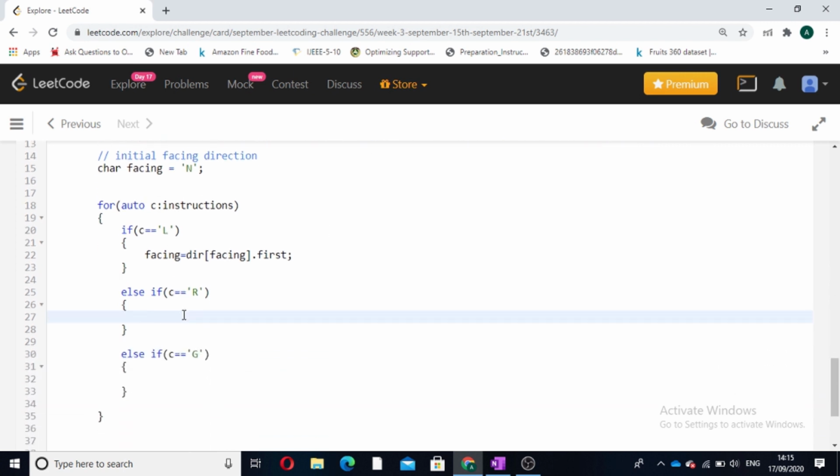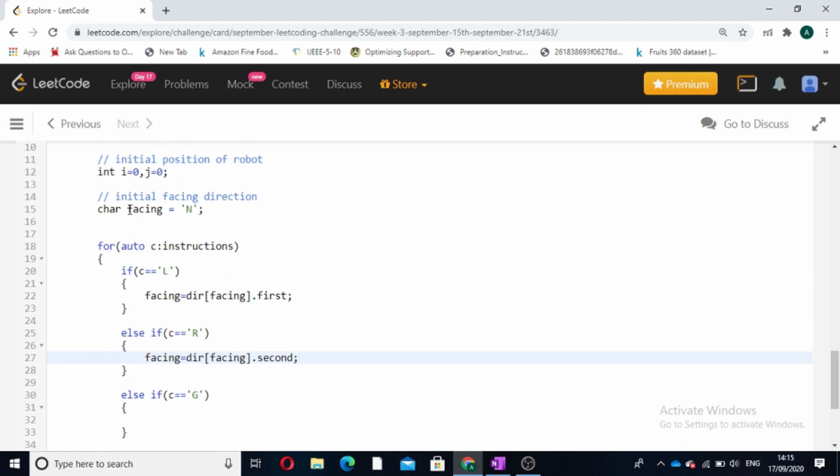Now this was the case when we have encountered an L. Now what if we have encountered a right? Now when we have encountered a right, our new facing will become: we will look into the hash map, and the direction we are facing currently, dot second value. Like now suppose we are currently facing north direction. Now we have encountered a right.